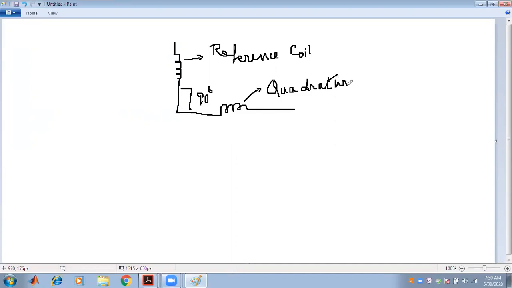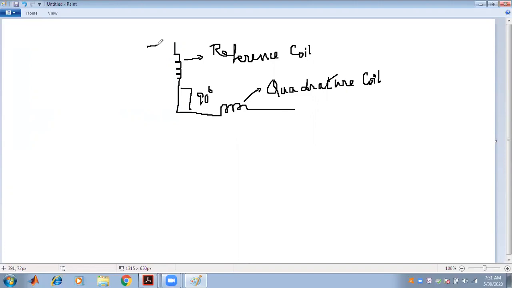Both the coils are separated by an angle of 90 degrees in space, so we have created a spatial phase displacement. Now in order to produce the rotating magnetic field, we have to give a balanced supply, and along with that we have to produce an angular phase displacement.